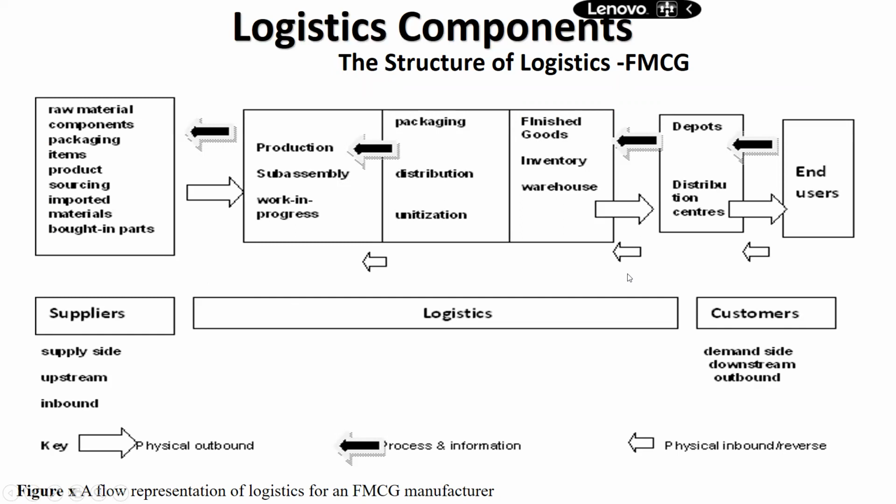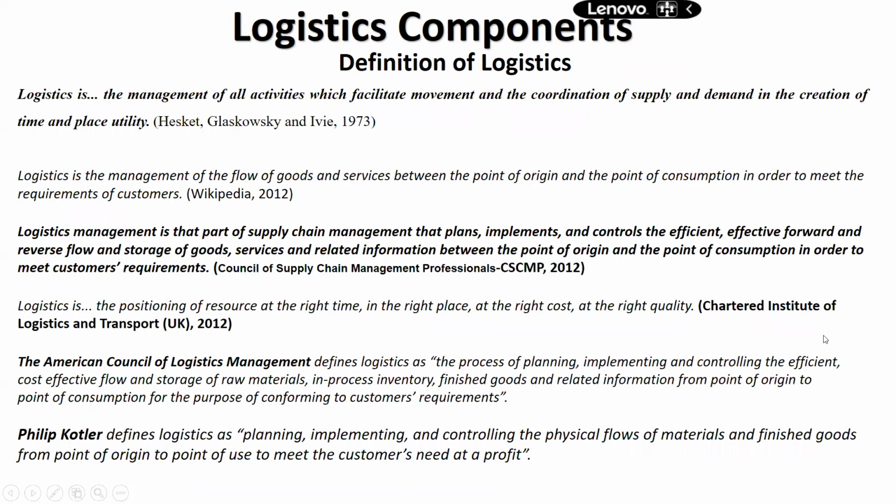The same thing here, okay? And what you have here, this key is what? Physical outbound, and then process and information. This is how they interact, and then the physical inbound, reverse logistics. So this is how it works. This is demand side, downstream outbound, and supply side, upstream inbound. Okay, that's how it works.